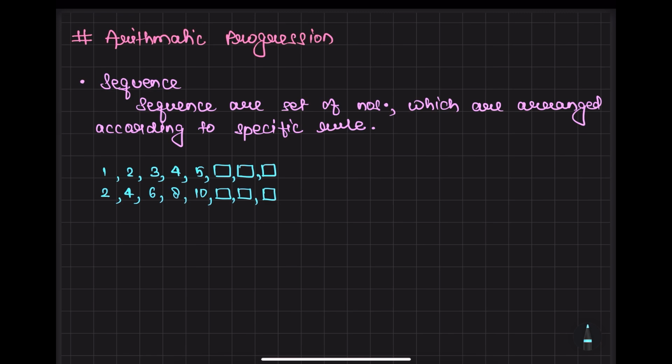Suppose that I'm writing 2, 3, 5, 7, 11, 13, 17, 19, and so on. Now you have also cracked that I'm writing primes. So I'm writing numbers in terms which follow a certain logic. So this is a sequence.